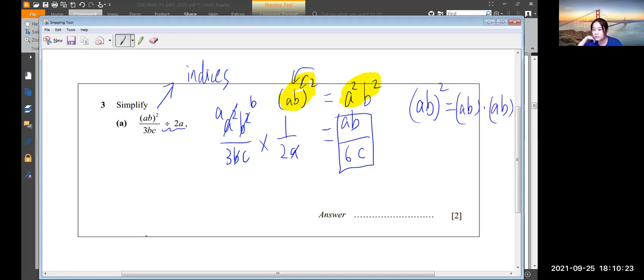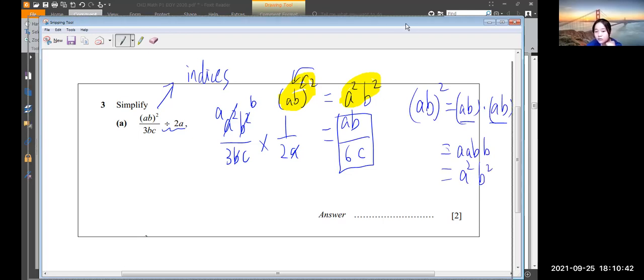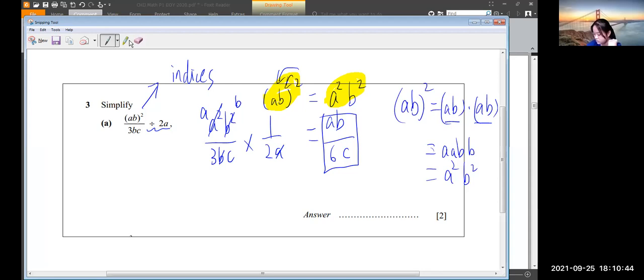When you square something, it's as good as multiplying it by itself. So you can see that you have a times a and b times b. a times a is a squared, b times b is b squared. Does it make sense? Okay, good. So if you don't know the indices law, you could have used this normal way to figure it out. Okay, move on.